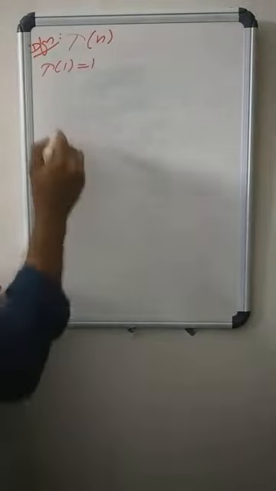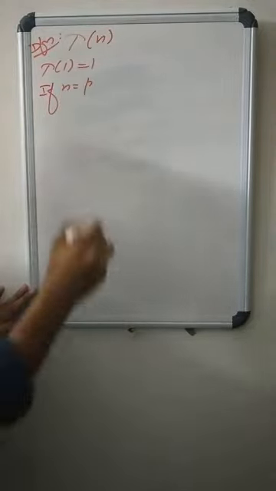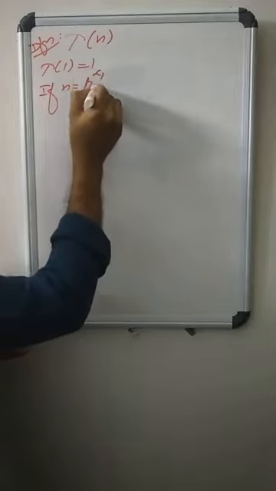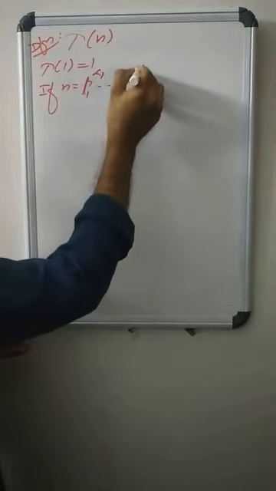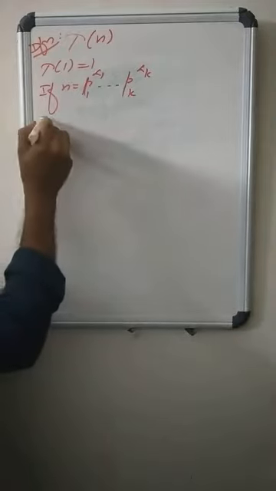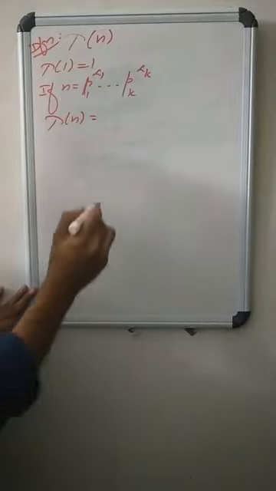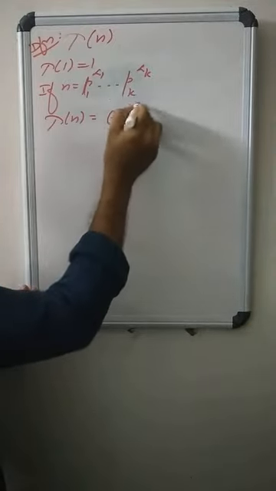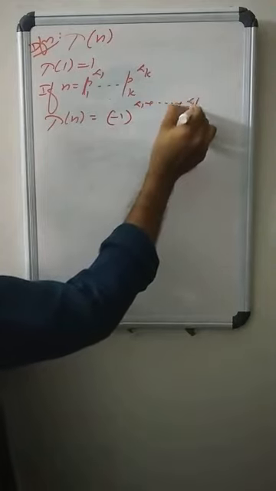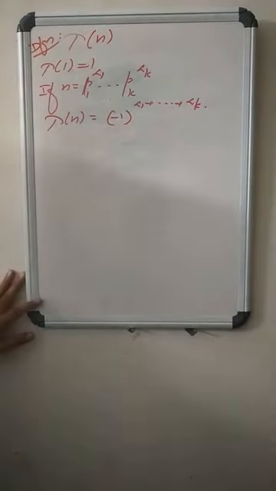And if n equals p1 power a1, etc., pk power ak, where the pi's are primes, then lambda of n equals minus 1 power a1 plus etc. plus ak. So this is Liouville's function.